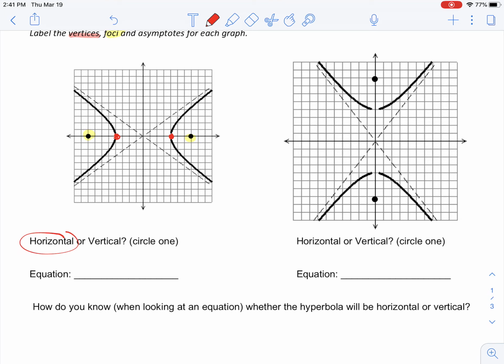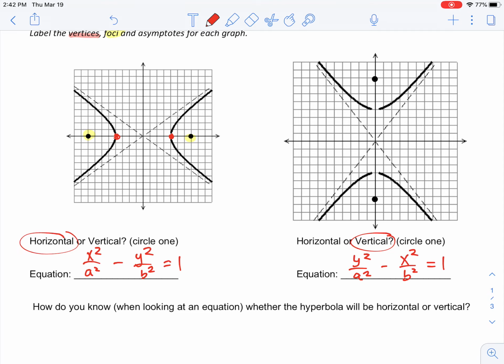So this first one is a horizontal, and the equation would be something like x squared over a squared minus y squared over b squared equals 1, always equals 1. And then this one is a vertical, it would be y squared over a squared minus x squared over b squared equals 1. This is different than an ellipse because a squared is always with the positive term.